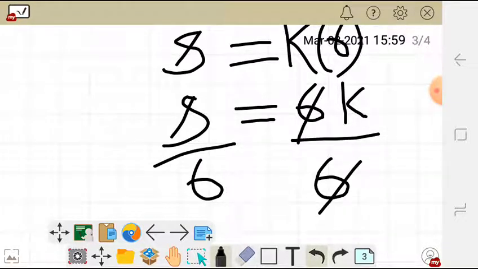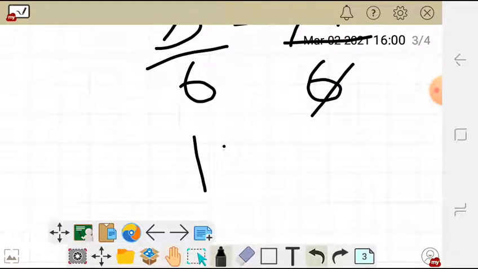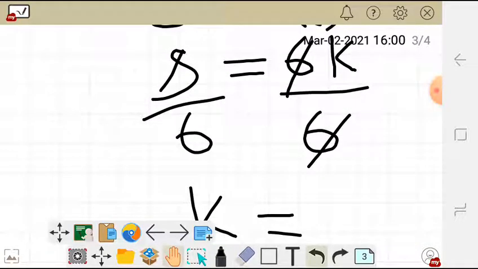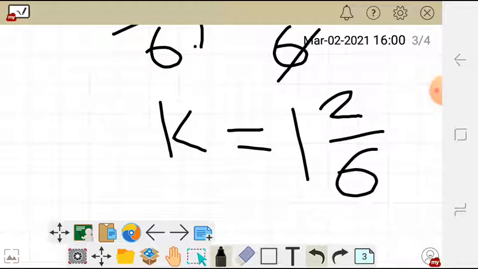So here we are going to have k equals 8 divided by 6, which is 1 remainder 2 over 6.